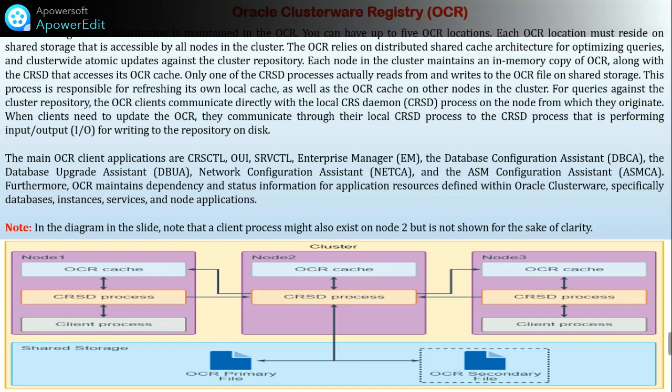Note, in the diagram below, the client process might also exist on node 2, but it's not shown for clarity. The diagram describes the Oracle Cluster Registry, OCR.